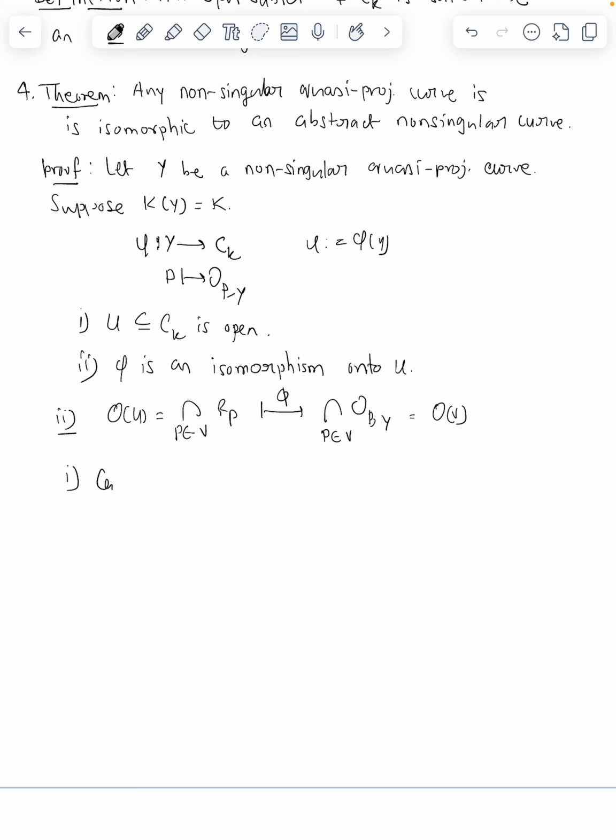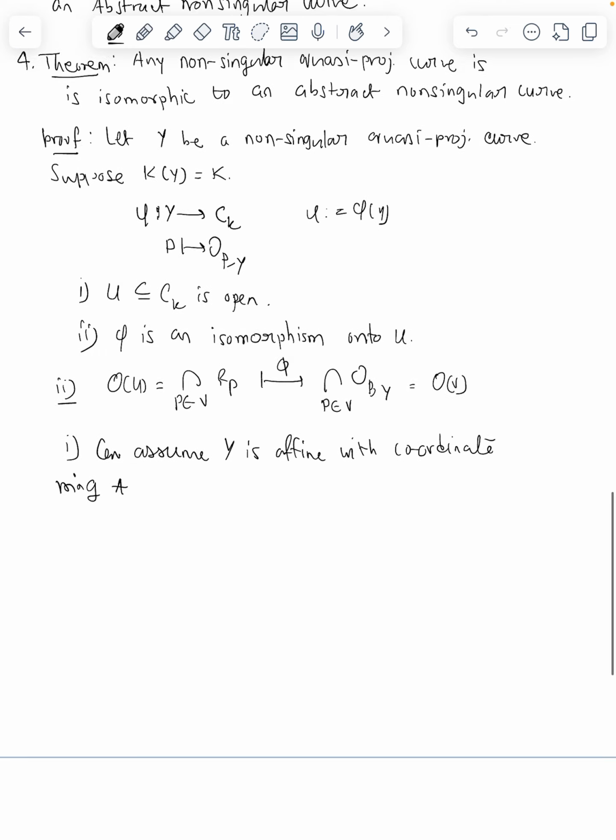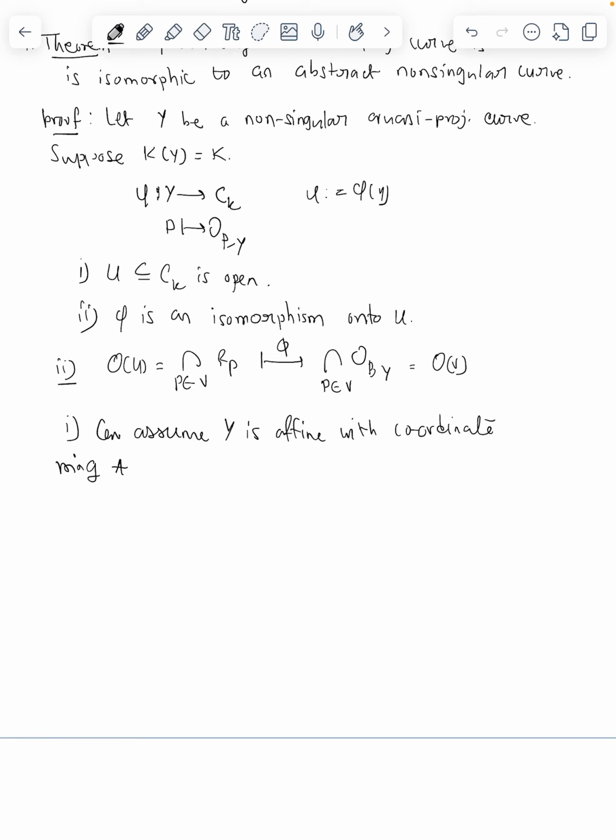You can assume Y is affine with coordinate ring A. Then we just have to show that U is open.